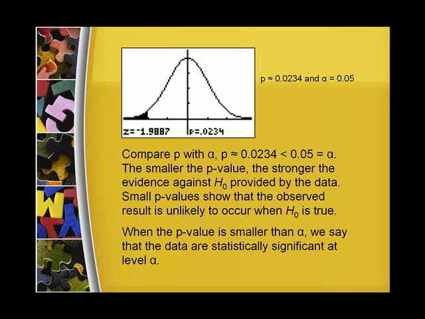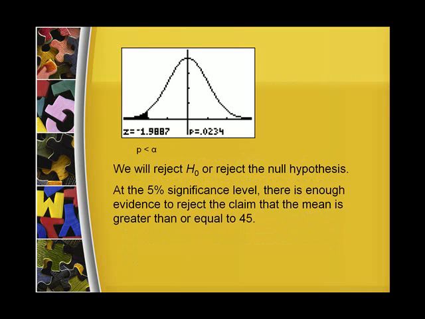When the p-value is smaller than alpha, we say that the data are statistically significant at level alpha. For our exercise, we will reject H0, or in other words, reject the null hypothesis. We can also say that at the 5% significance level, there is enough evidence to reject the claim that the mean is greater than or equal to 45.